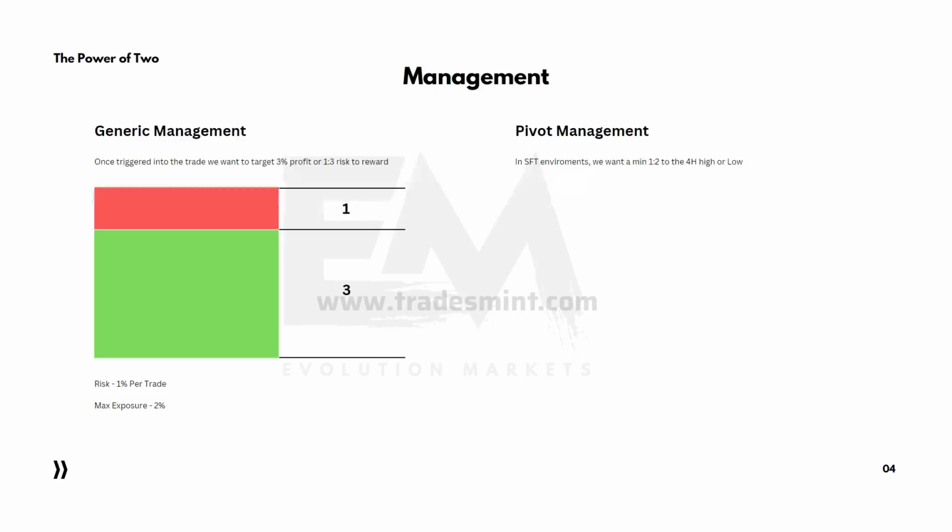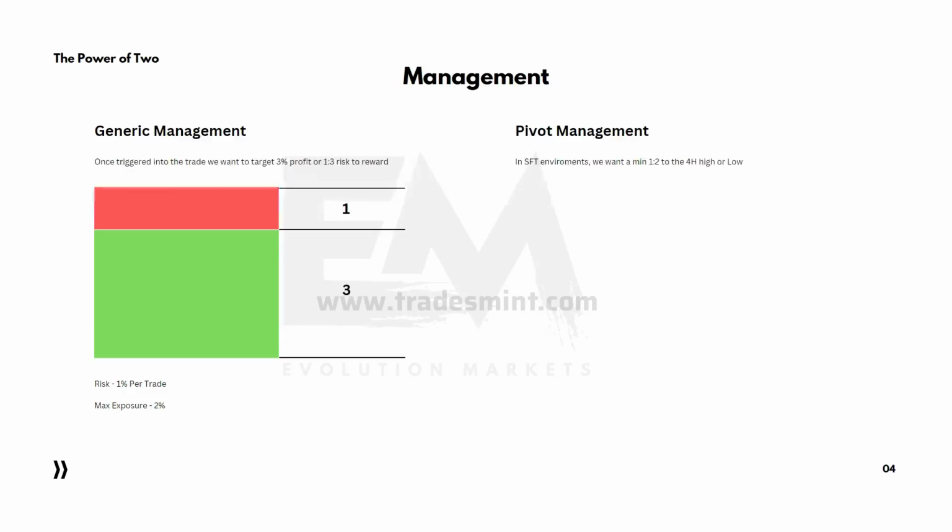We can also move on to pivotal management. When we look at an SFT environment, we at least want a minimum 1 to 2 to the 4-hour high or low. If we've not got that, then it's not worth the risk to reward. Similar to our generic management, during your backtesting you'll get a gauge for how big your stop loss wants to be, the max stop loss you can use.